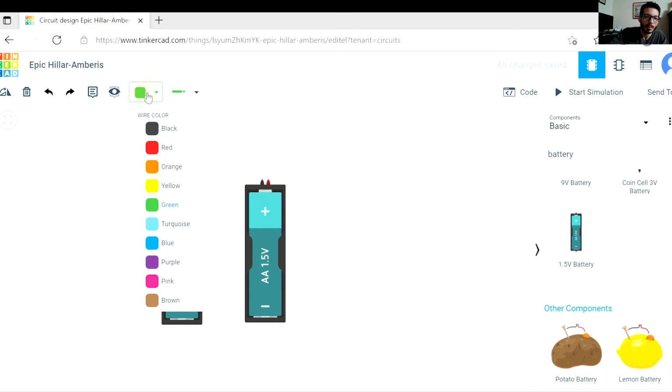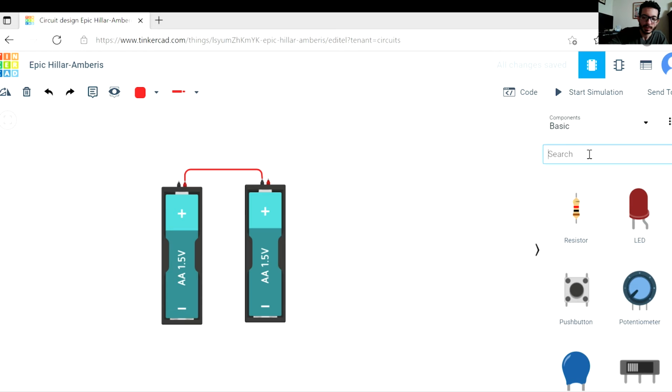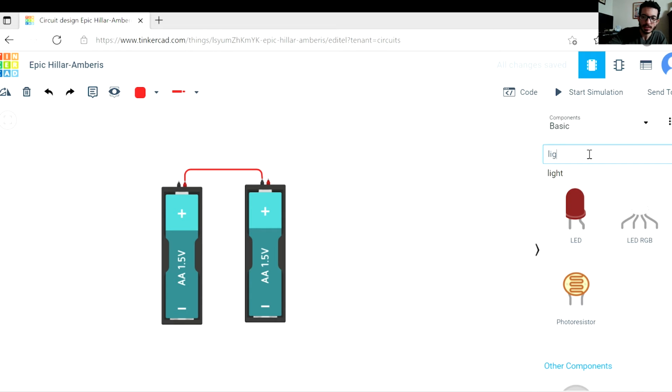But now what we want to do is connect them in series. If we could, we would connect this on top of each battery, but this is not how they designed the software. So we just need to connect the positive lead to the negative lead, and that is basically how you connect the battery in series. And we want a light bulb, so light.